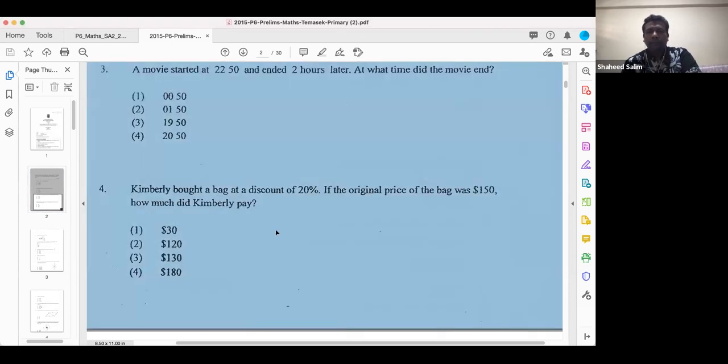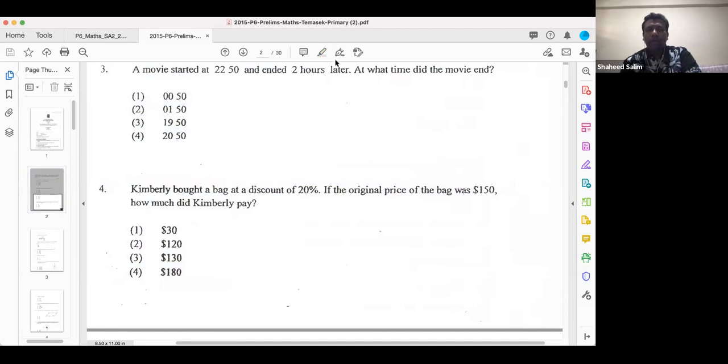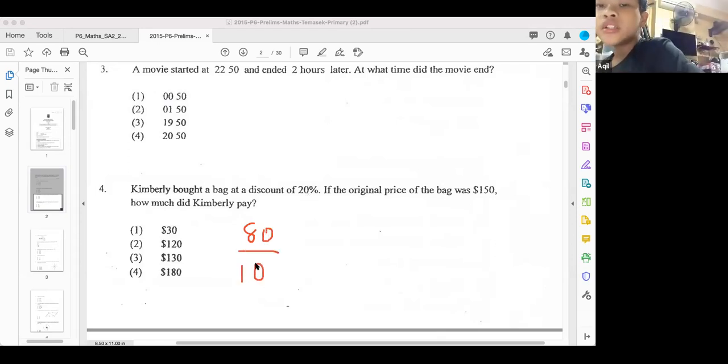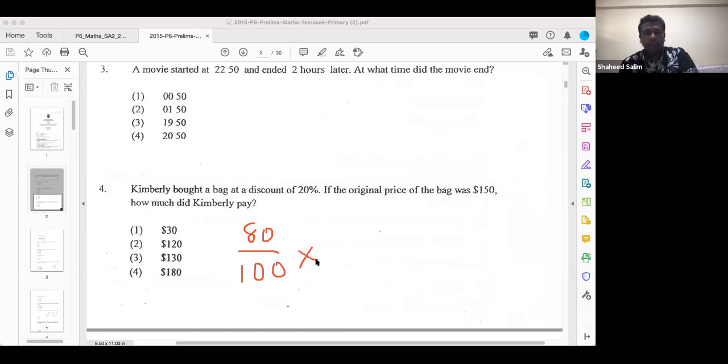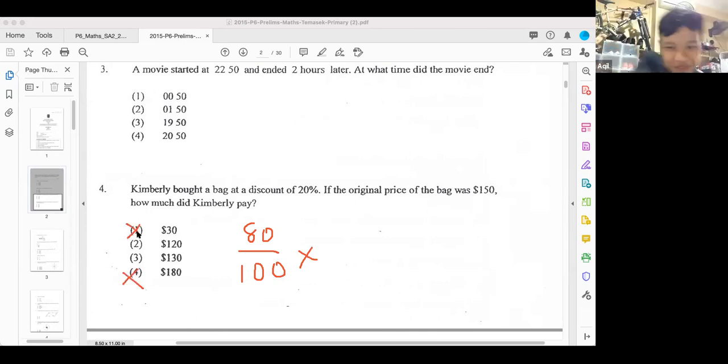Okay, so can you tell me how many percent did she pay? 80, right? How do you do yours? You take 80 over 100 times 150, is it? 80, because discount 20%. It cannot be number 1 or number 4. Yeah, impossible. So you are guessing?